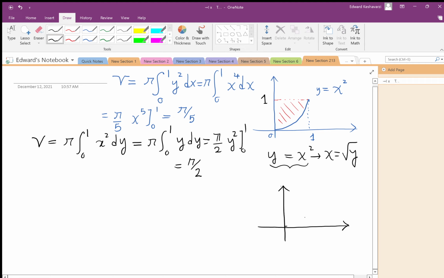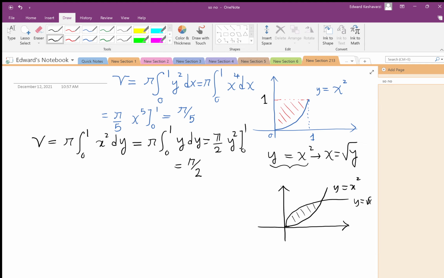The next example: this is y equals x squared, and the second function is y equals square root of x. So the area between these two curves is revolved about the x-axis, and I am going to find the volume.